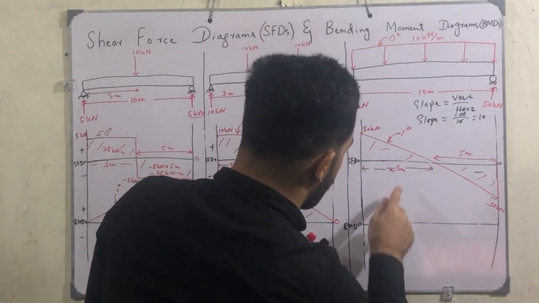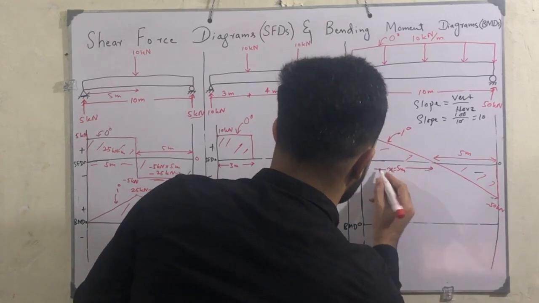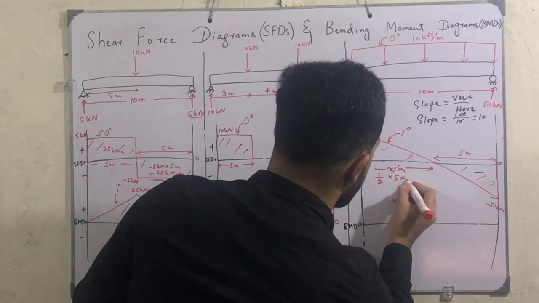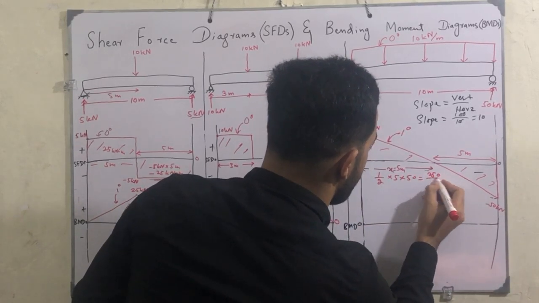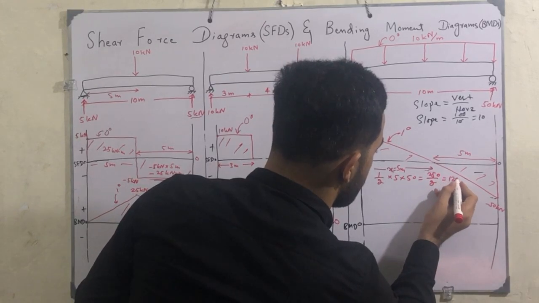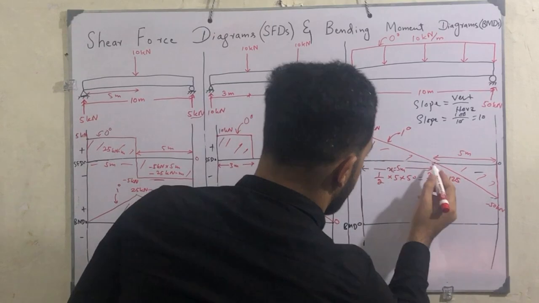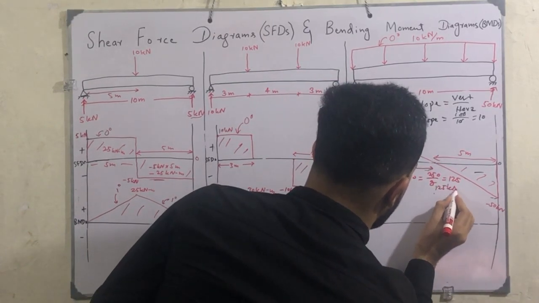So in order to find the bending moment, we find this area. The area of this triangle is equal to 1 upon 2 multiplied by base 5 multiplied by 50. So it's 250 divided by 2, which is equal to 125. So here it is 0 bending moment, and at this point it will be 125 kilonewton meter.